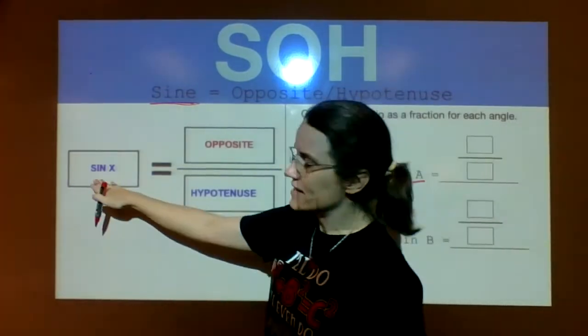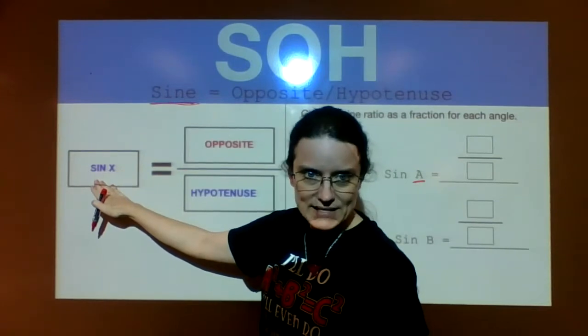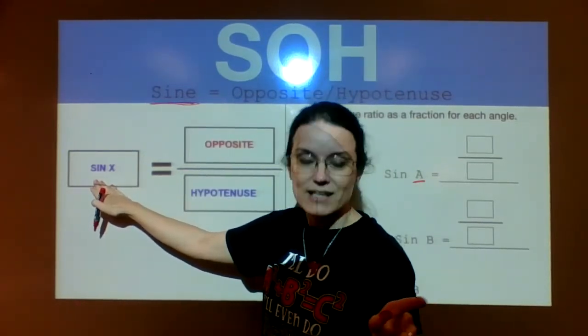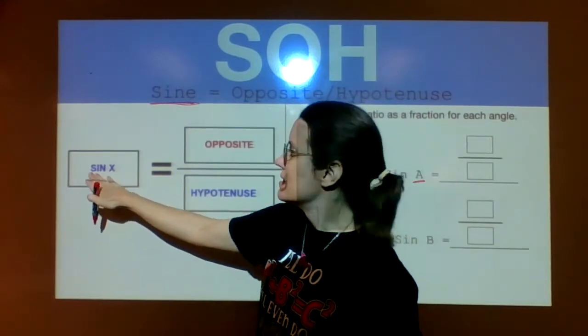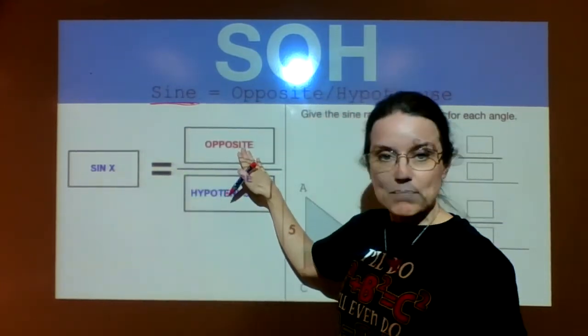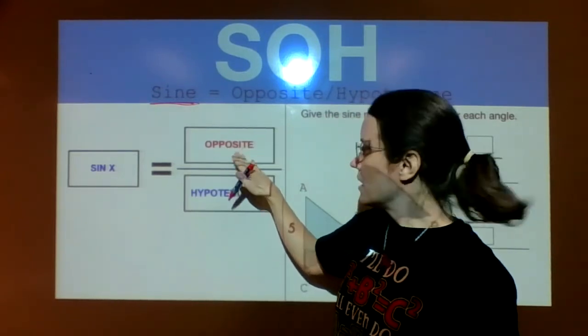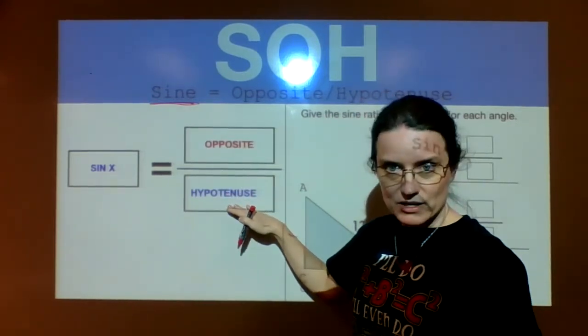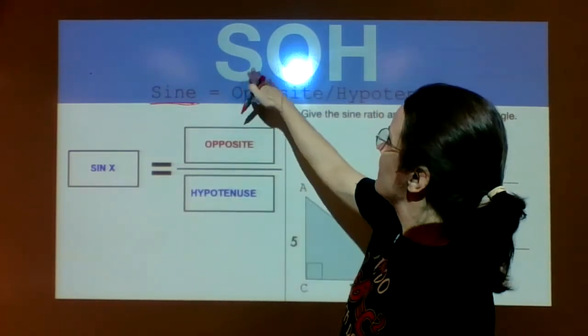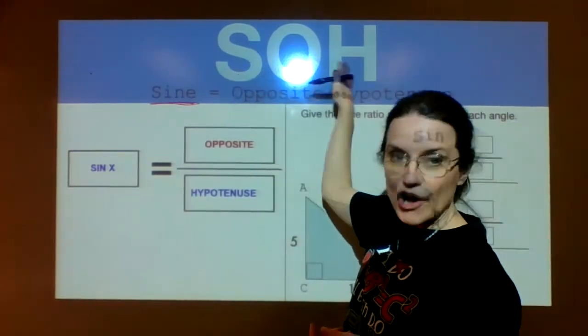We shorten it to S-I-N, but you say it's sine. The sine of any of the angles is going to be the opposite side over the hypotenuse every single time. To help us remember that, we have SOH, and we just say it's so.